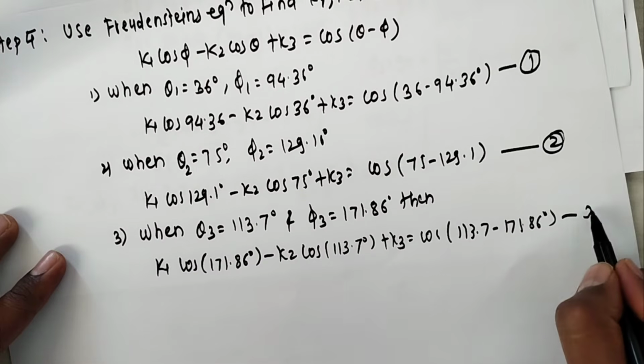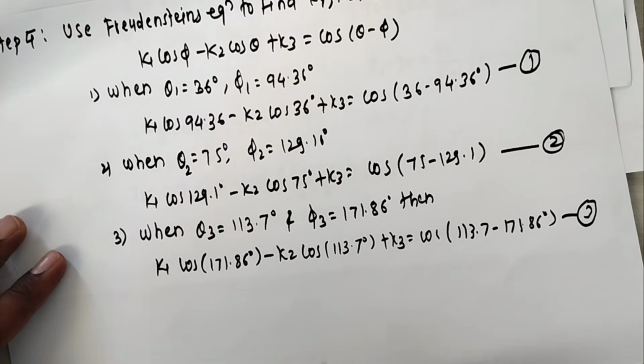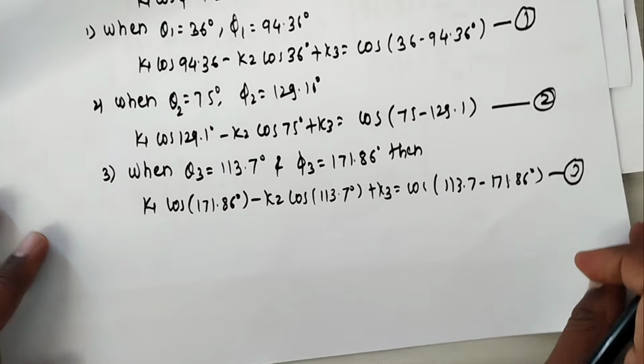Equation number 3. So solve these three simultaneous equations to obtain k1, k2, k3. You can solve by using a calculator.